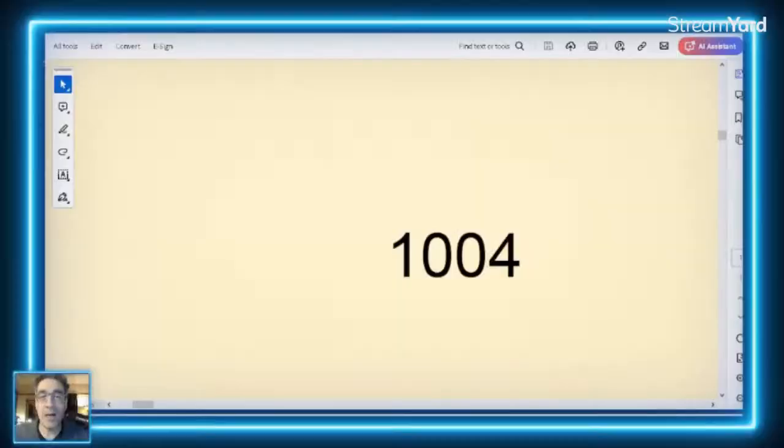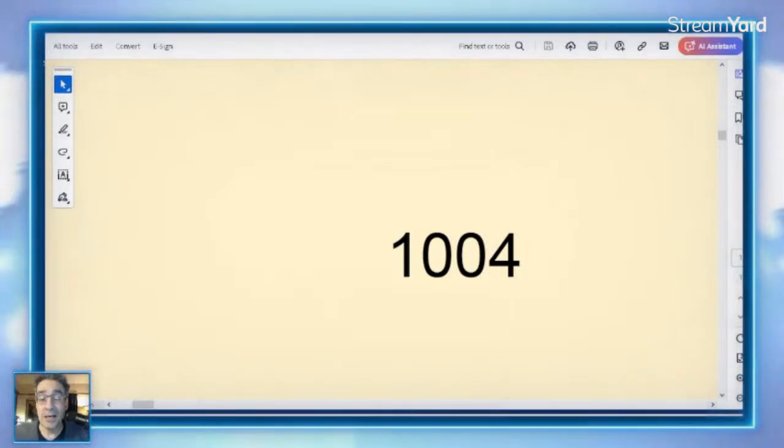So that's how I remember this loan application form.